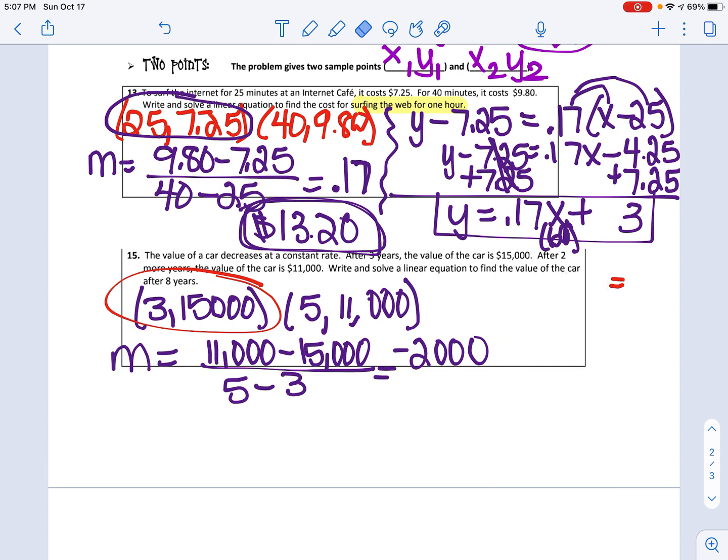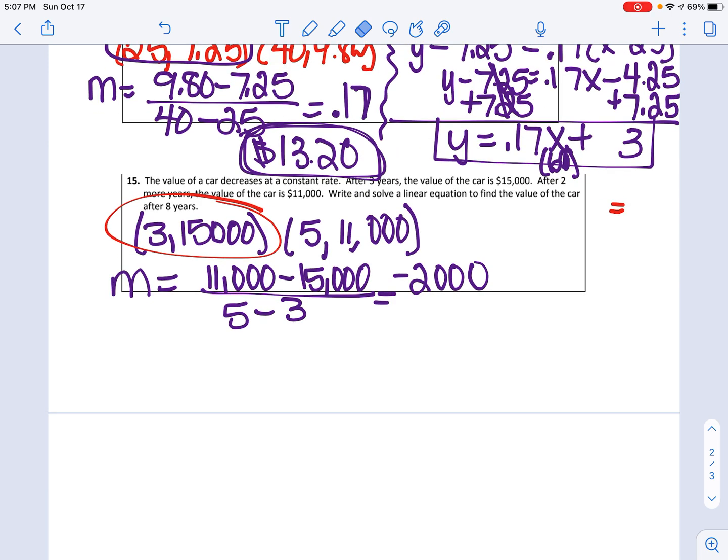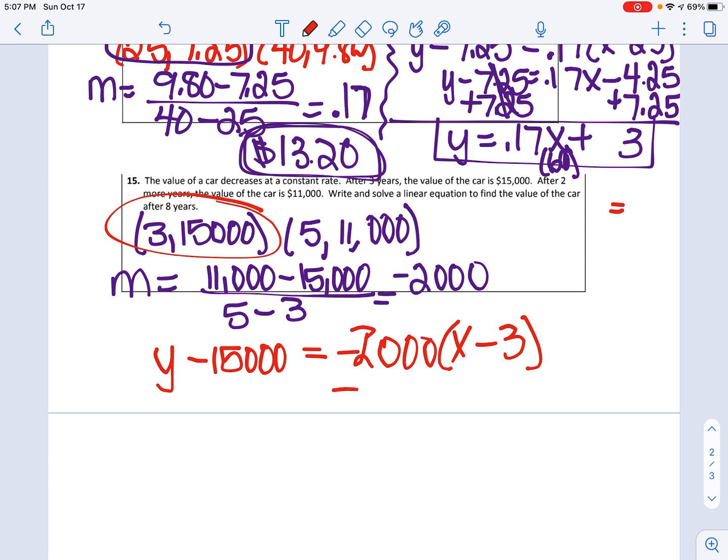Let me do it under here. y minus 15,000 equals negative 2,000 times x minus 3. And I'm going to distribute that, negative 2,000x plus, because negative 2,000 times negative 3 is 6,000.